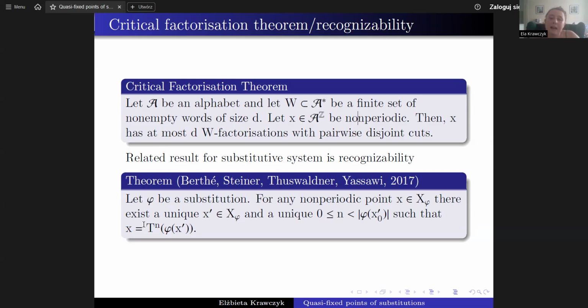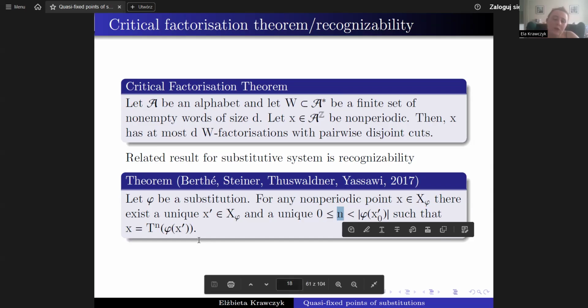And it says that for any substitution and any non-periodic point in my two-sided substitutive system, I can always find a unique point x prime in my system and a unique integer n, which is smaller than the length of phi of the first letter of the point x prime, such that my x is uniquely substituted using n and x prime.